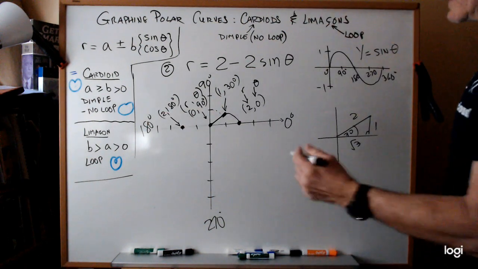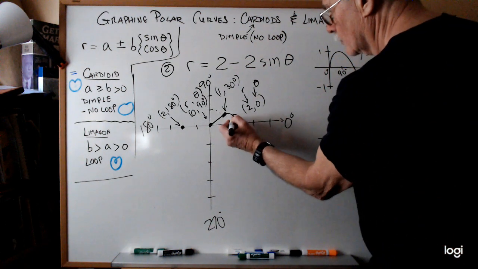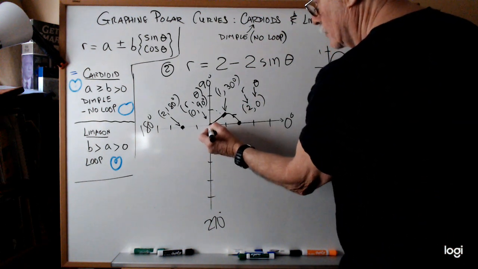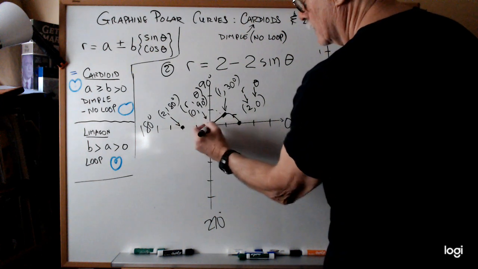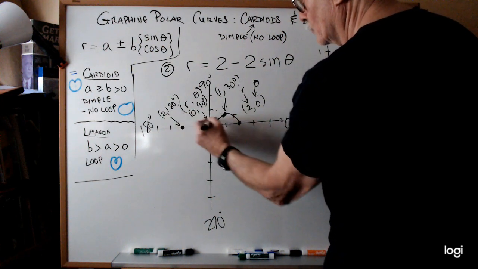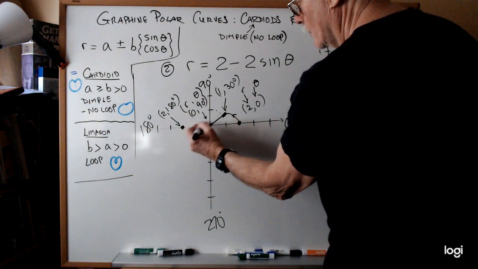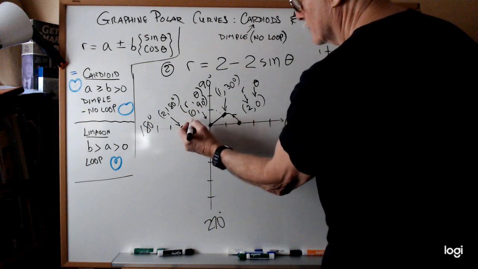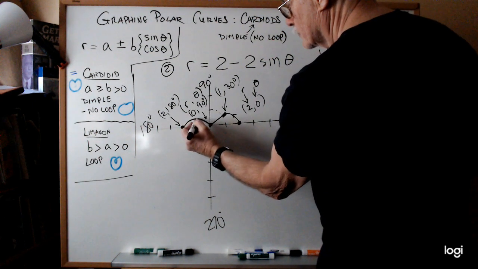And in between, the same type of thing is going to happen. The curve starts out going like this. It hits here, and now when this reference angle is 30 degrees, which would be 150, I don't have really room to put it in, sine is going to be a 1/2. 2 minus a half is 1. So we're going to get a picture that looks a little bit like this.